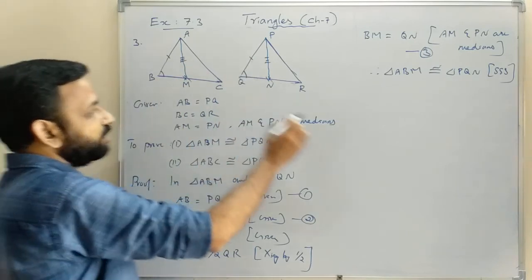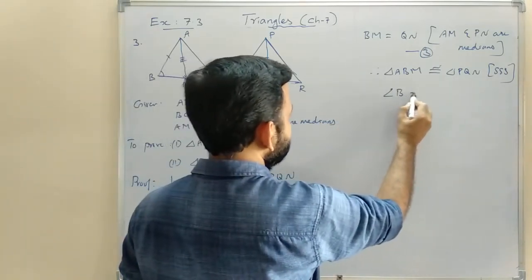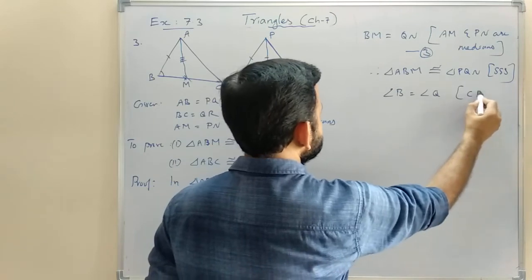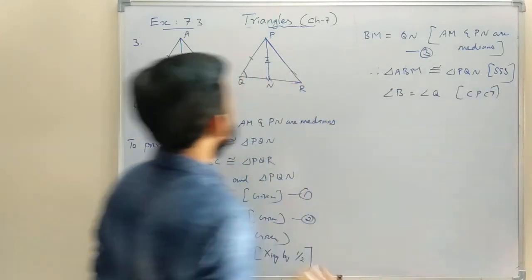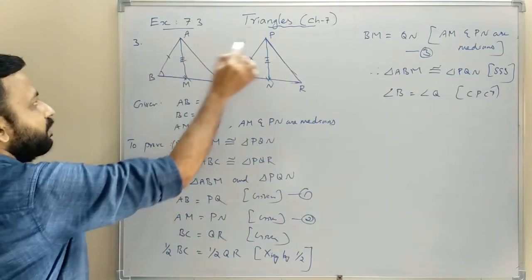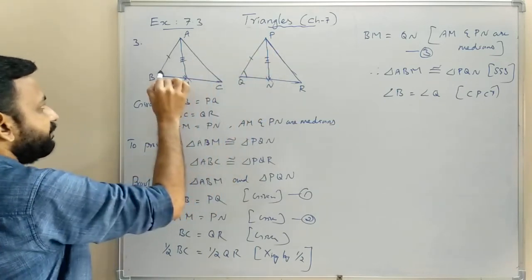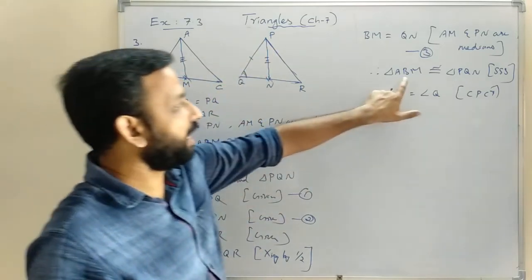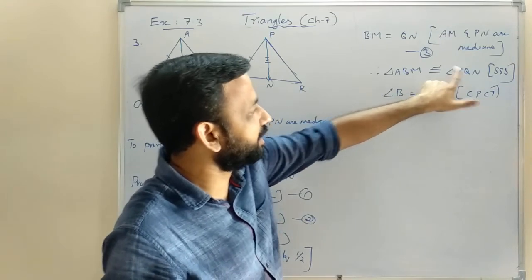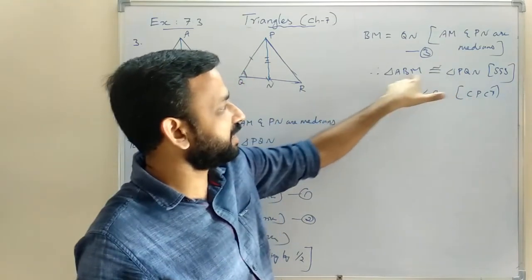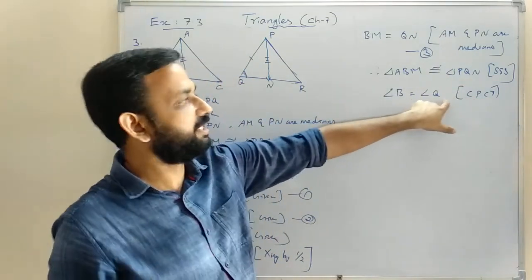Angle B and angle Q are corresponding angles, therefore they are equal by CPCT.